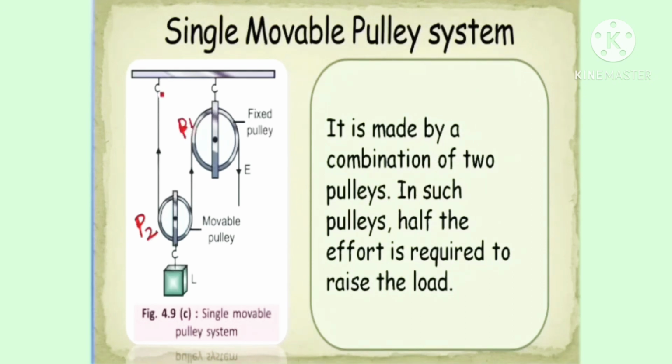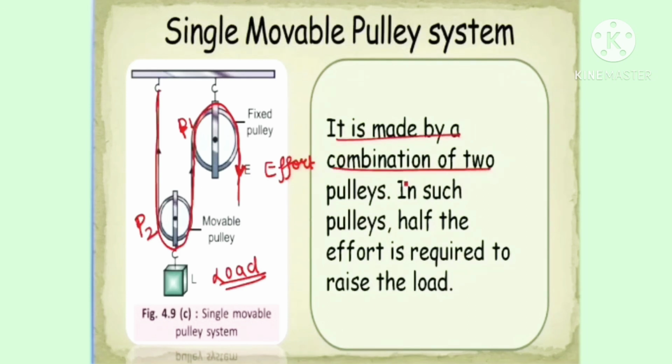The rope goes like this over the groove of P2 and onto the groove of P1. Effort is applied on this side of the rope attached to P1, and the load is pulled using the other pulley, that is, the load is attached to P2. So it is made by a combination of two pulleys.